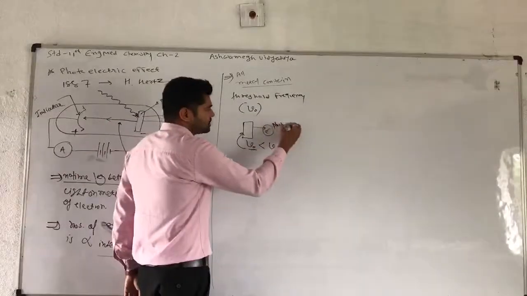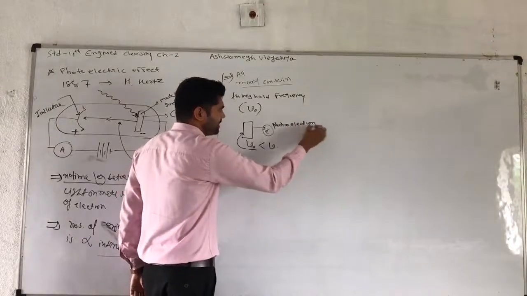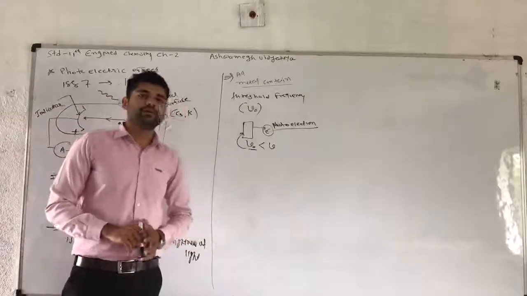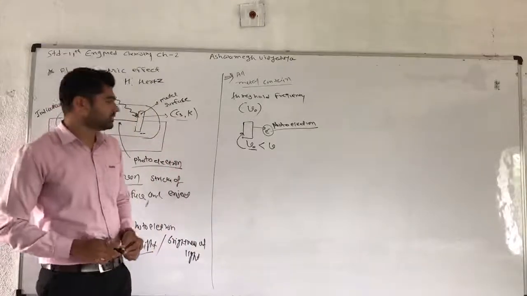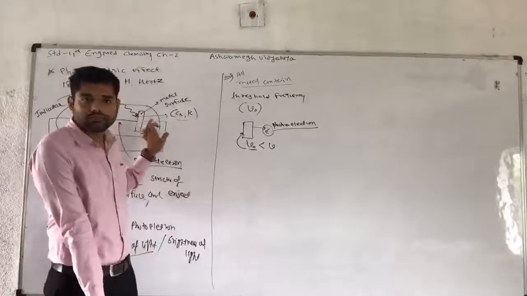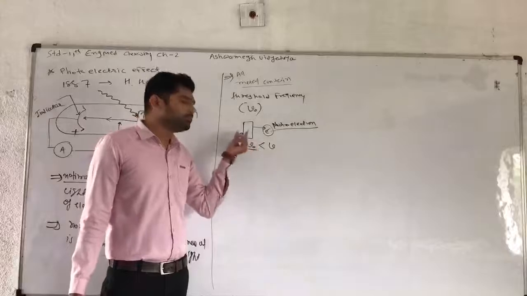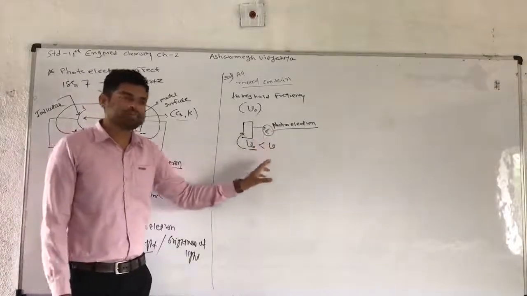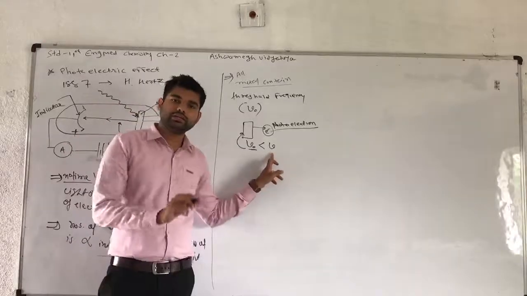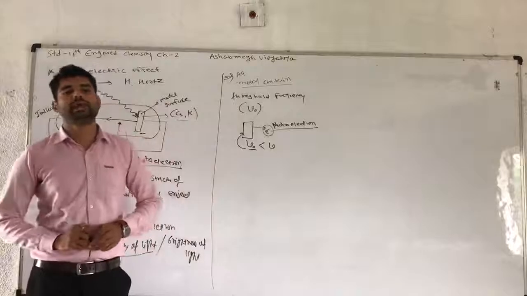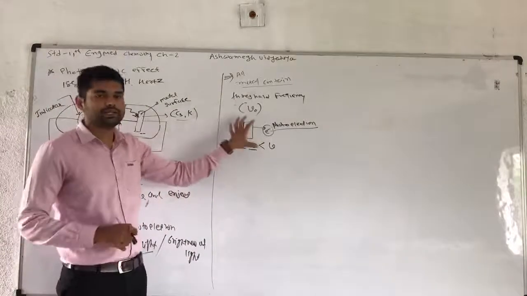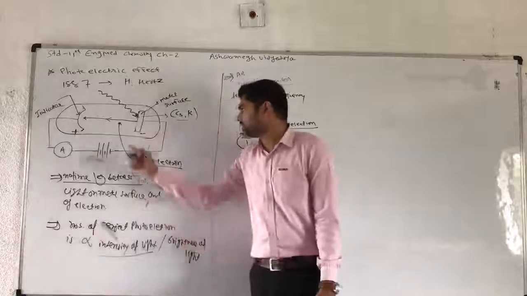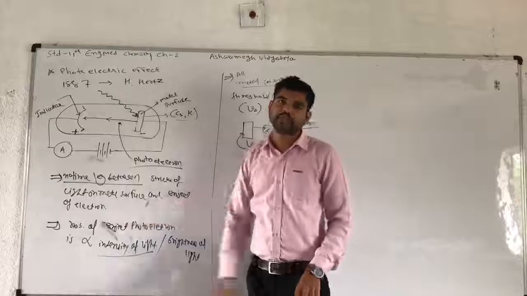So understand these words. Threshold frequency is nothing but the minimum frequency required by a metal to release photoelectrons. So the frequency of light we apply must be more than the metal's minimum threshold frequency for photoelectrons to be released. Otherwise, if we give a frequency less than the metal's threshold frequency, the metal cannot release or eject electrons. So the frequency of our light must always be more than the metal's minimum threshold frequency.